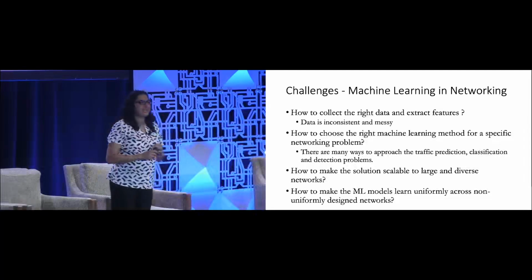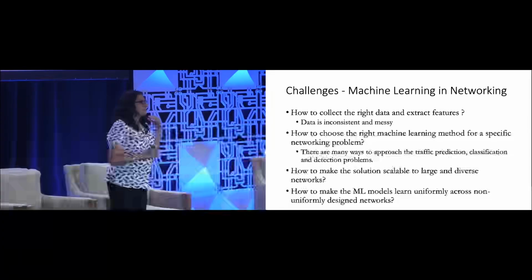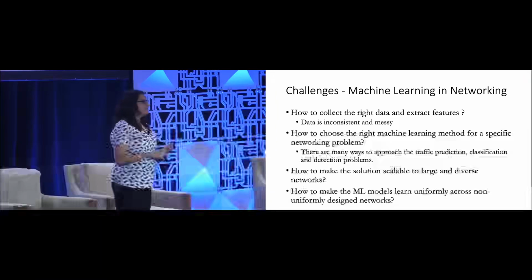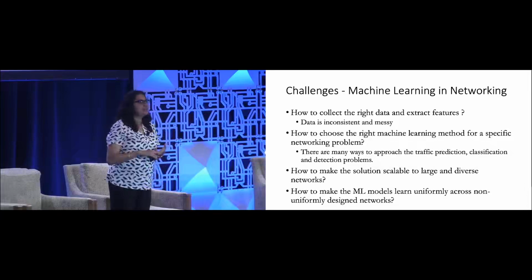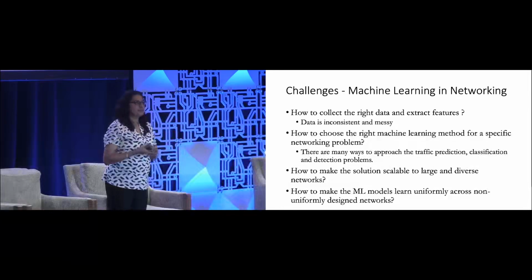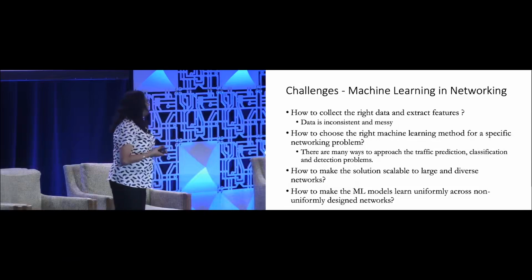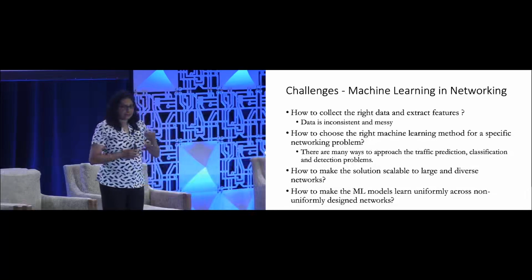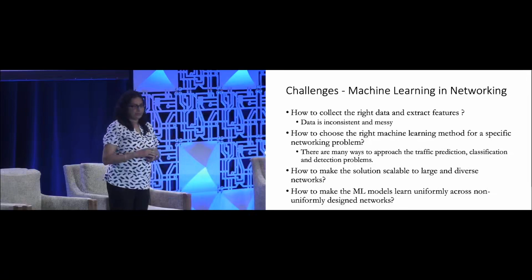There are so many challenges. The biggest challenge was data collection. Data was very inconsistent, very messy, sparse. So trying to get the data that was useful was a lot of work. How to choose the right machine learning for a particular networking problem was also just trial and error.